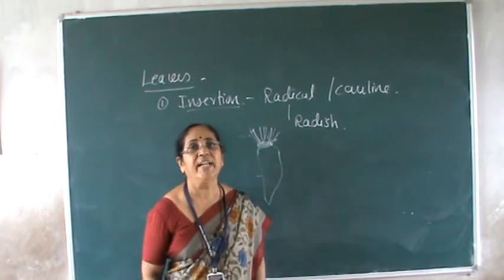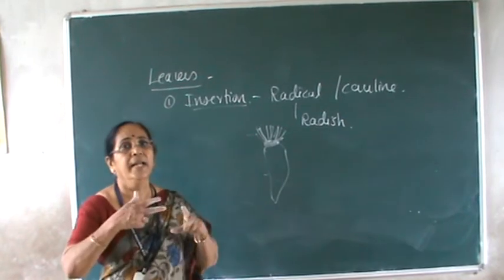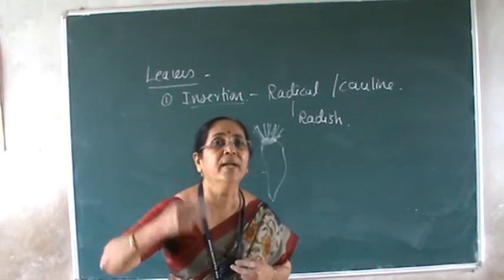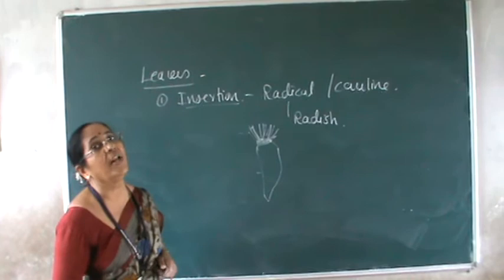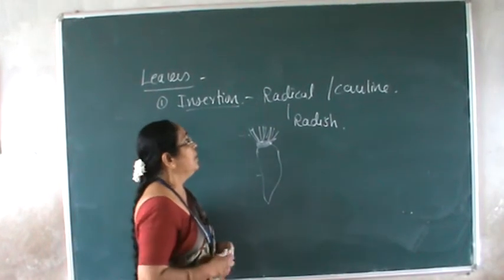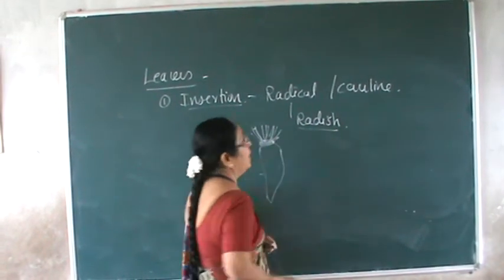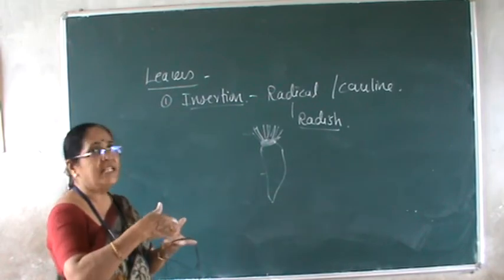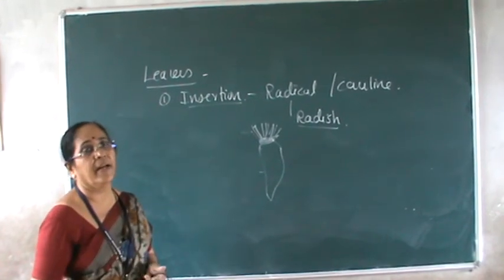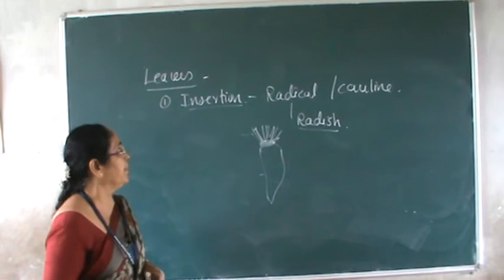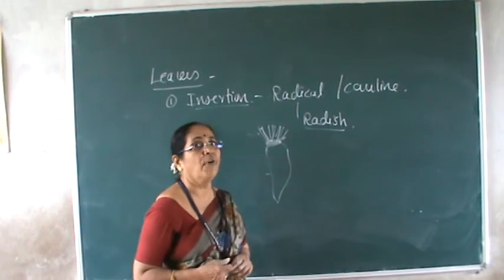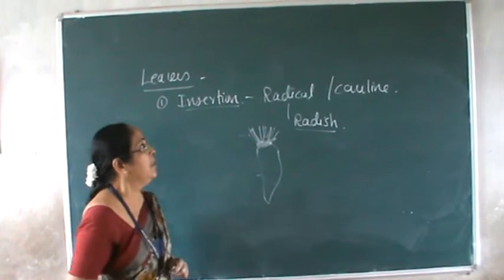That phenomenon we call bolting, and the leaves are sparsely arranged during the flowering season. That is a hormonal effect in mustard plant. So this is radical arrangement, meaning the leaves arise from a common point in a rosette-like manner. Carrot is also an example. Radish and carrot are examples for radical arrangement of the leaves.